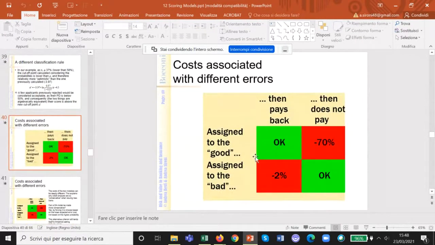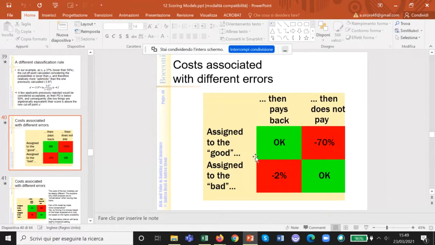Now, a final adjustment is the one that you mentioned, i.e. not simply taking into account the a priori probability, but also the cost of the errors. And this is a very important point. The idea here is the following. If I classify a good company as good, of course, I don't make any error.